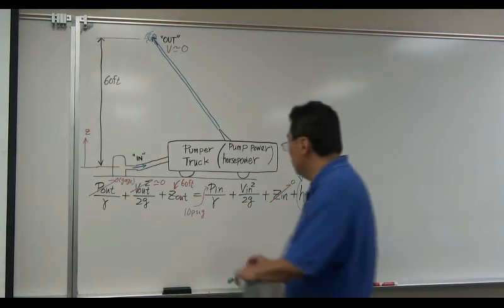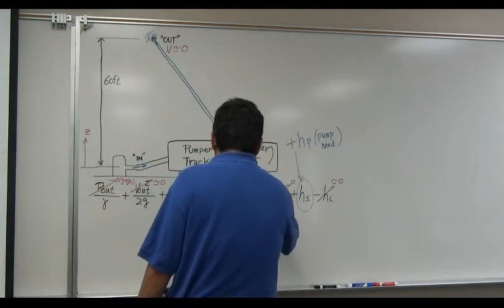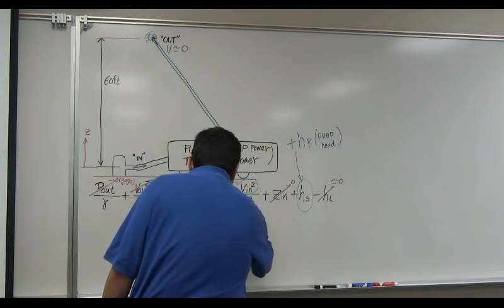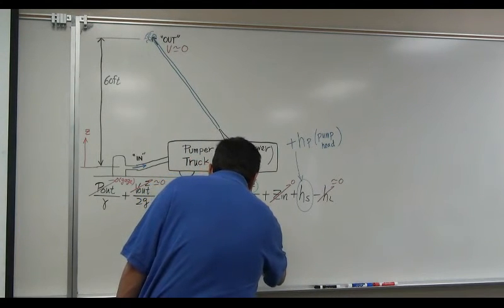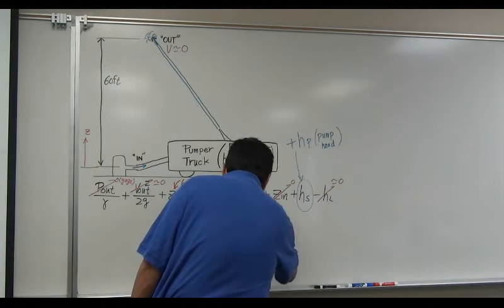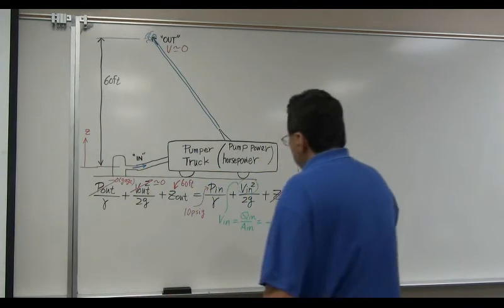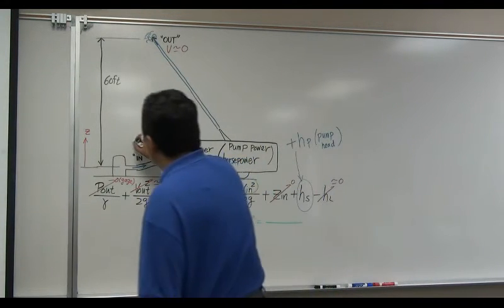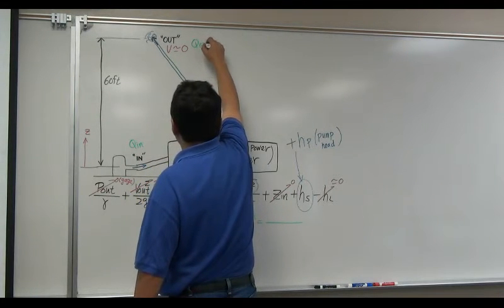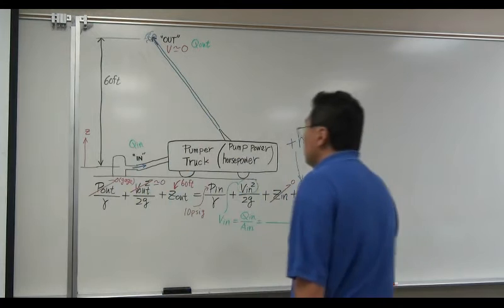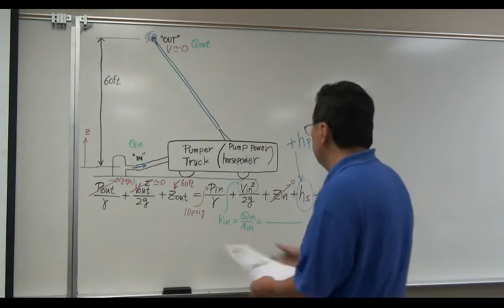Okay. And also another thing here is V in is of course flow rate divided by cross-section area in. Flow rate is constant. In other words, flow rate in, Q in, is equal to flow rate out, Q out.